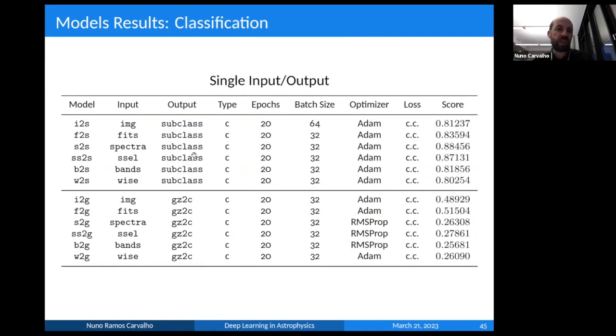And for the classification models with a single input and output, we see again that to classify the galaxy, the model that performed best was the one that had the spectrum as input, which again makes sense because we look at the features of the spectrum to come up with this analysis of the galaxies.